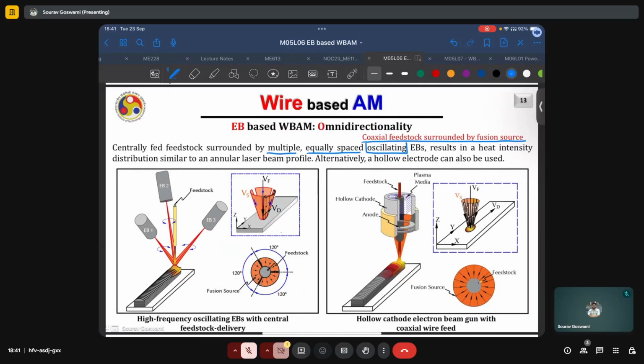By the use of such multiple equally spaced oscillating electron beams, we can get a heat intensity distribution which is similar to an annular laser beam profile. An alternate technique would be to use a hollow electrode, an example of which is shown on the right here.